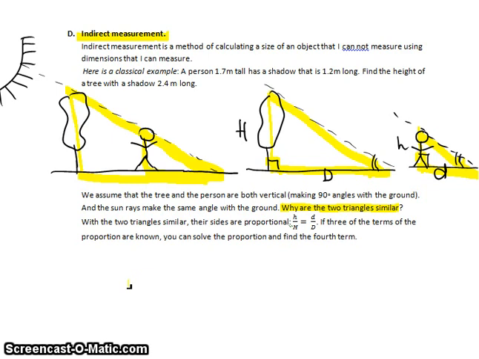In our case, the fourth term is the height of the tree, the one dimension that is difficult to measure, and that's why we use indirect measurement to find it. Now you will have to answer some questions in your notebook.